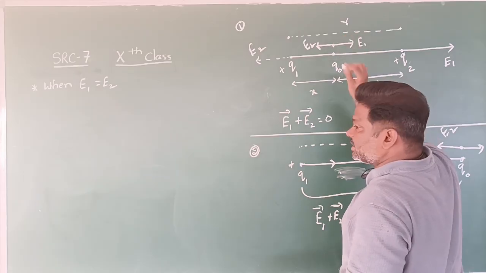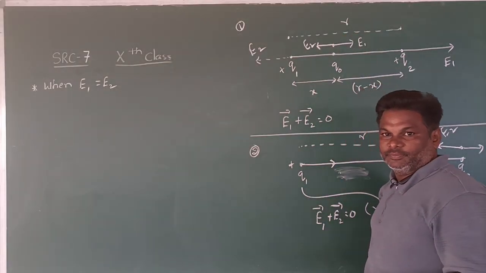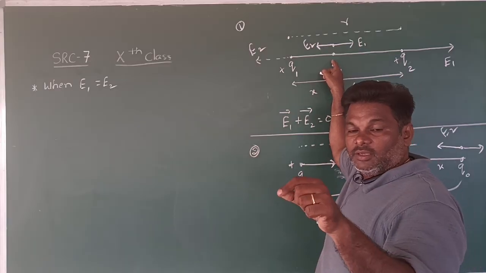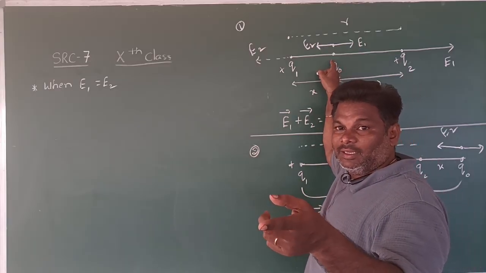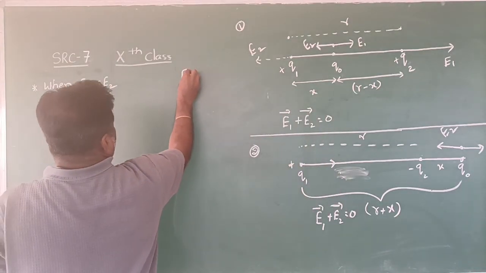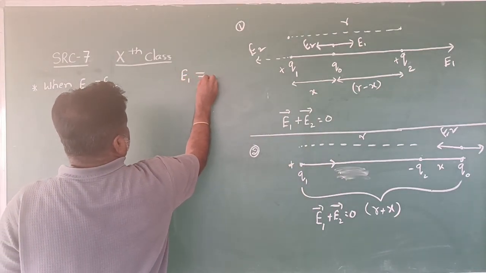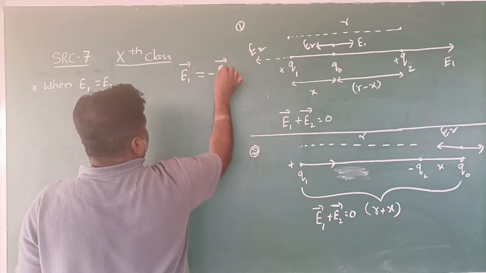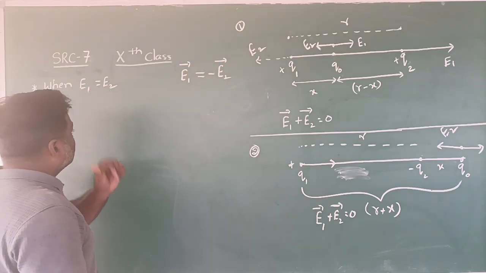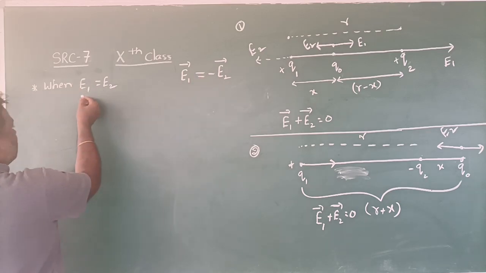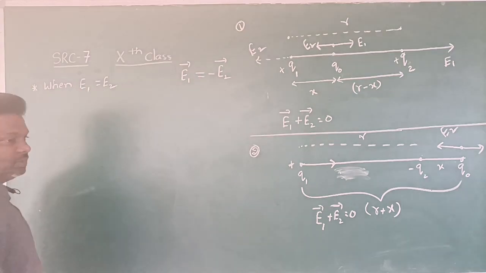Then only this location is said to be the null point, where E1 and E2 are acting opposite to one another. That is E1 is equal to minus E2, so the magnitude is always E1 is equal to E2.